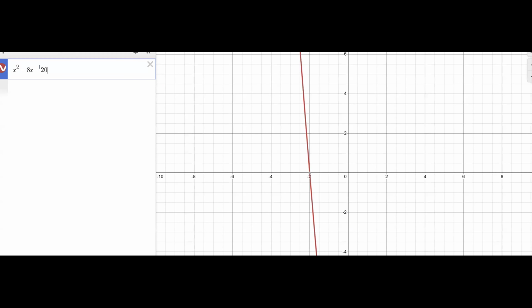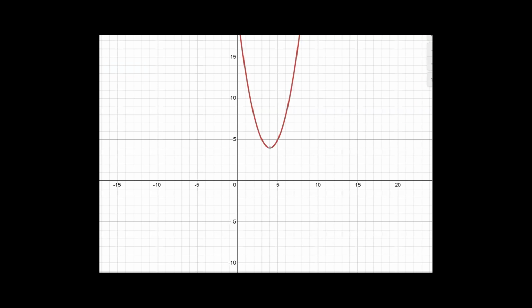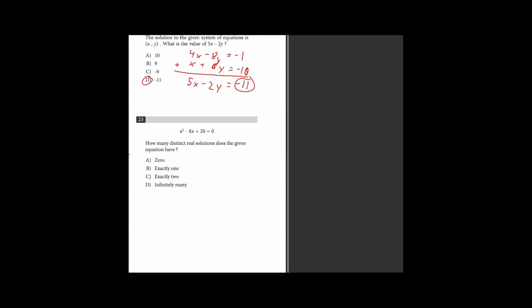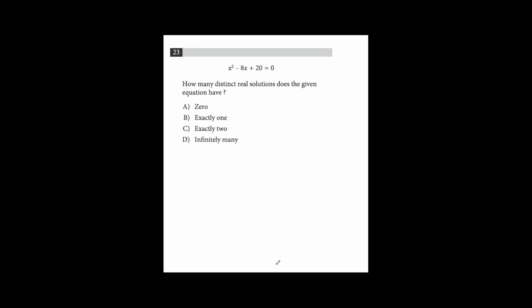And as you can see, this quadratic function never intersects the x-axis, so there is no solution, answer choice A, zero real solutions, since it never crosses the x-axis. So the function never equals zero.